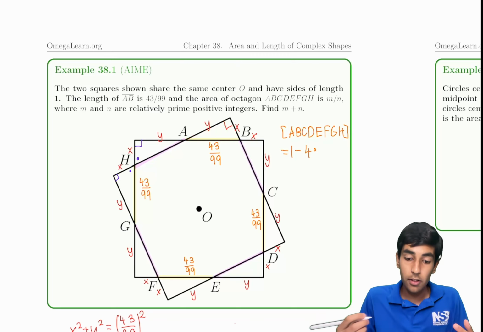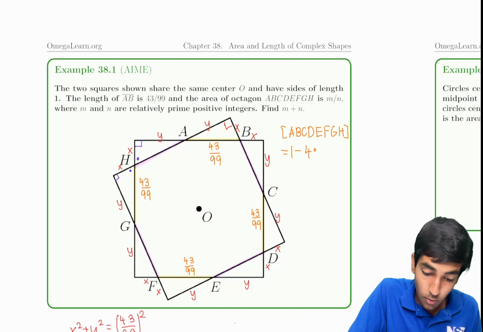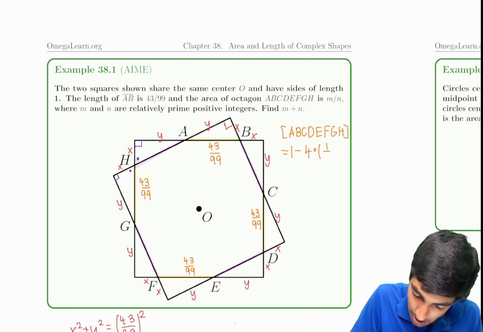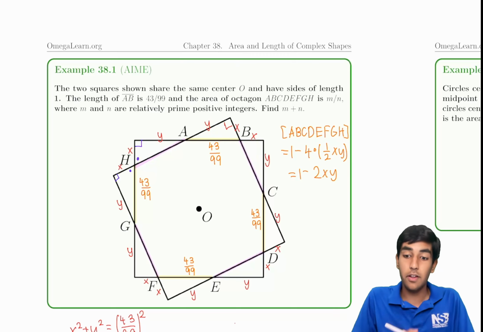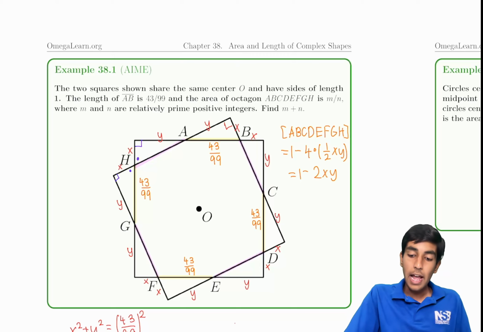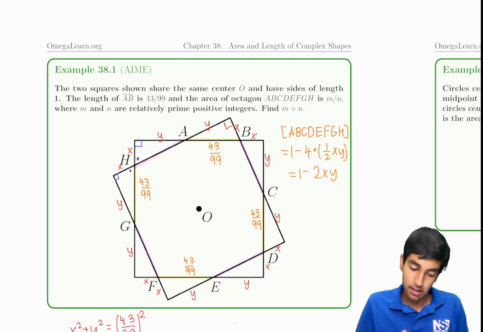And one of these triangles has area half xy. So 4 times half xy, which is just 1 minus 2xy. That's the area of the octagon. So if we can find xy, we're done, basically.